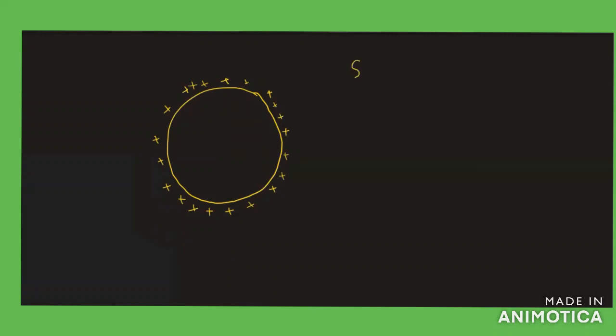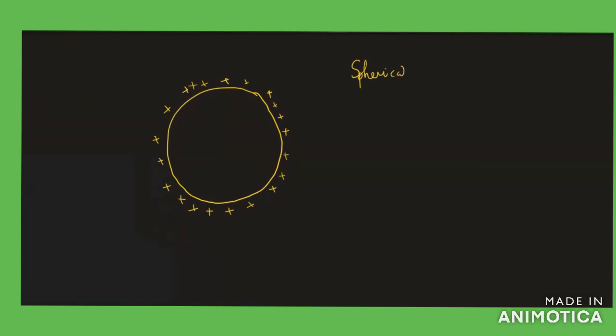Now another one, a uniformly charged spherical shell. It is a spherical shell, and the surface of the shell is charged uniformly. It's also a surface charge distribution, and this charge distribution also has spherical symmetry.